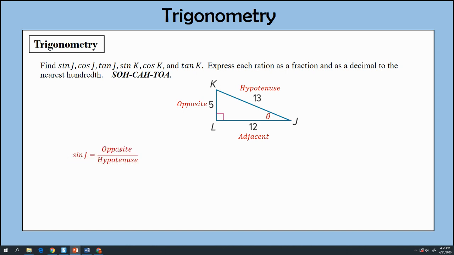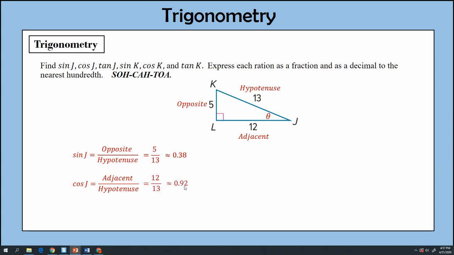So sine of J is opposite over hypotenuse. Opposite is 5, hypotenuse is 13. So we're just going to say sine of J is 5 over 13. And if we write it to the nearest hundredth, it'd be 0.38. Cosine is adjacent over hypotenuse. This is cosine of J. Adjacent is 12, hypotenuse is 13.